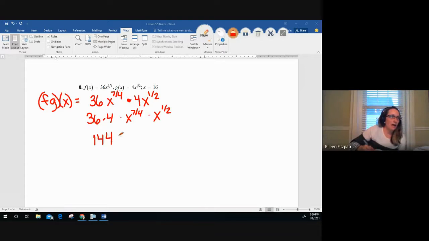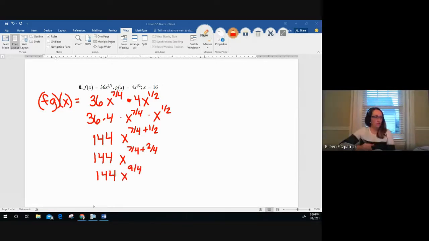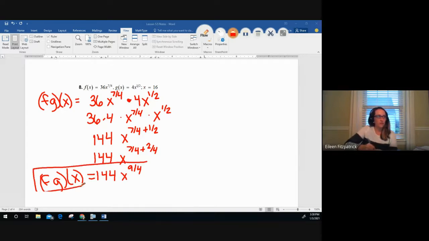And then you're going to add 7 over 4 plus 1/2. If you want to get common denominators, you're going to change that into 2/4 instead of 1/2. So it's 144x to the 9/4. Right, so that's your f times g of x function.